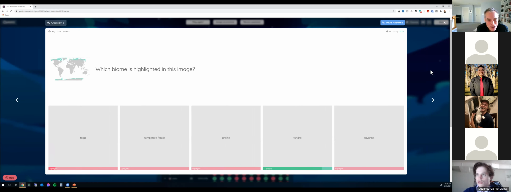All right, which biome is highlighted in this image, right? So if you look at the image, I don't know if I can make this bigger, I can't, but you can see that the areas right up near the poles, around the edges of the land masses up near the poles is highlighted, and that is the tundra biome, right? So that is the coldest biome that we looked at.